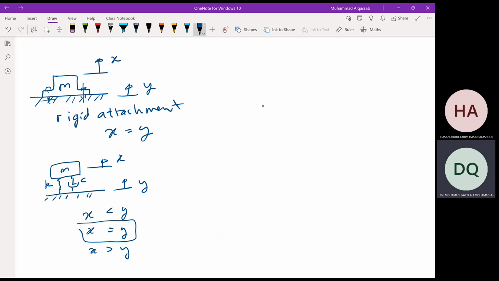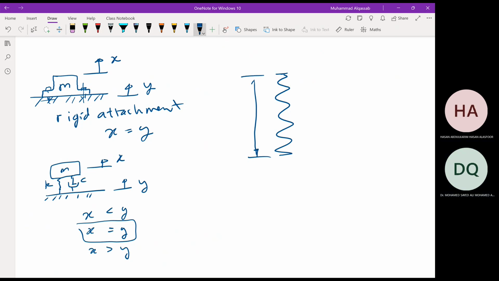So if you have a spring, and this is L0, which is the unstretched or undeformed length, in general it might be a compression spring.